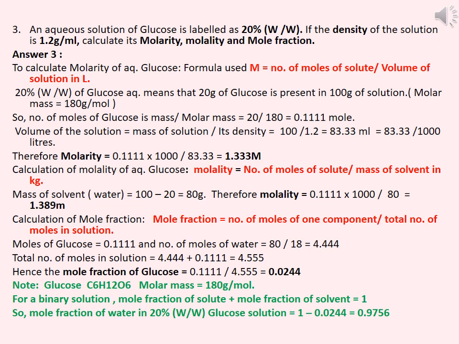There are various ways to express the concentration of the solute in the solvent: how much solute is present in a given volume of the solvent or in a given mass of the solvent.